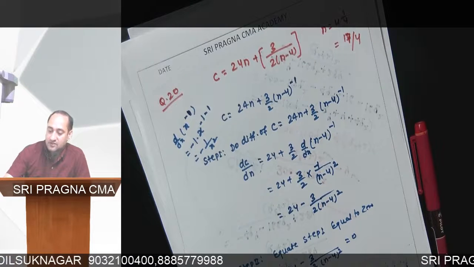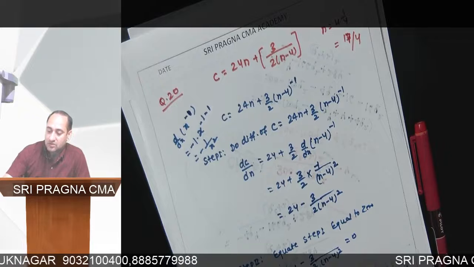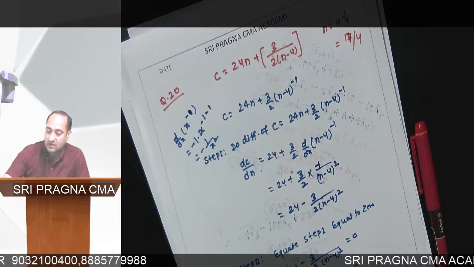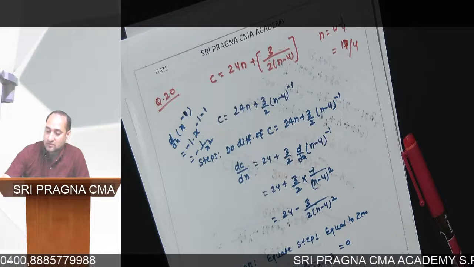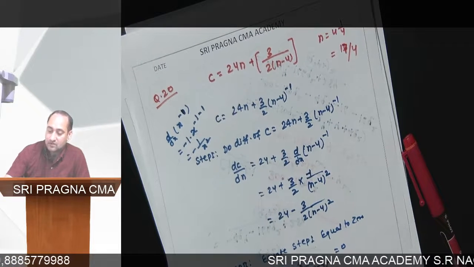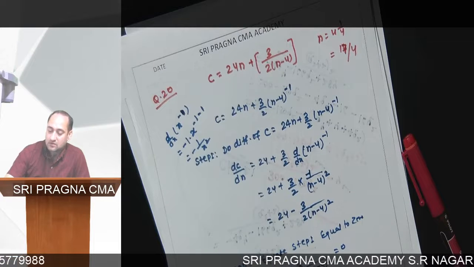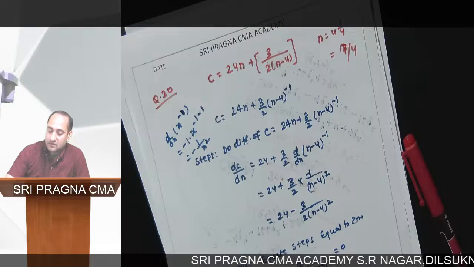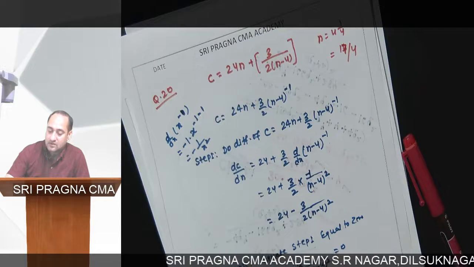So 24 is equal to 3 by 2n minus 4 whole square. Do the cross multiplication. How much are we getting? 6 or 8?